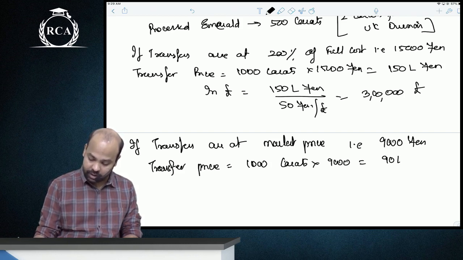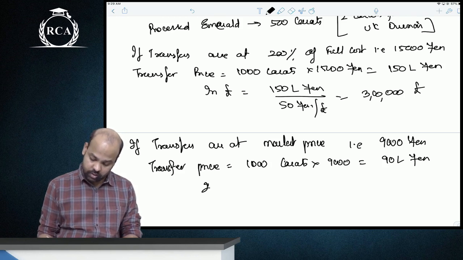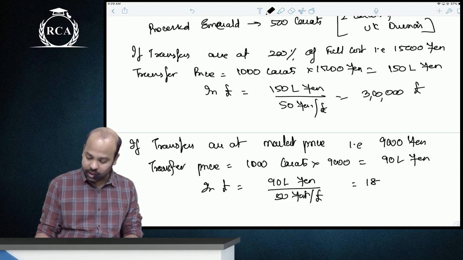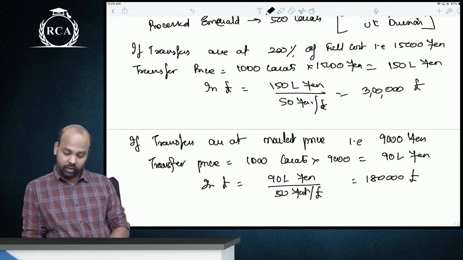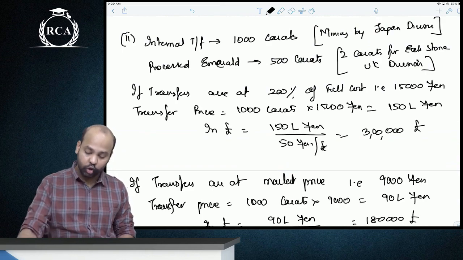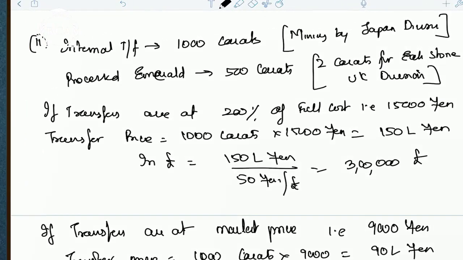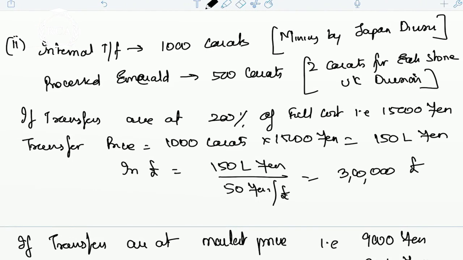That is 90 lakh yen. In pounds, that would be 90 lakh yens divided by 50 yens per pound: 1,80,000 pounds. This would be the transfer price. Write this down, guys, and then we'll compute the profitability statement. All of you copy this, and then we will arrive at the profitability statement.